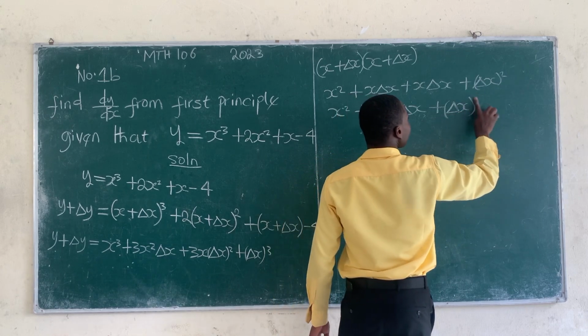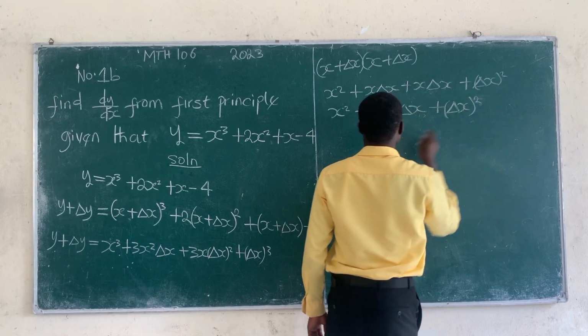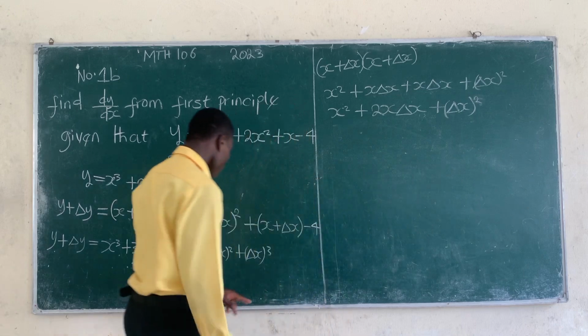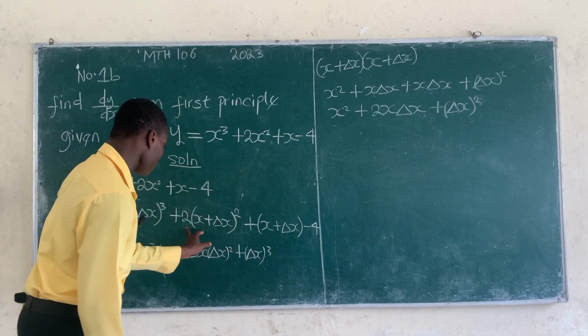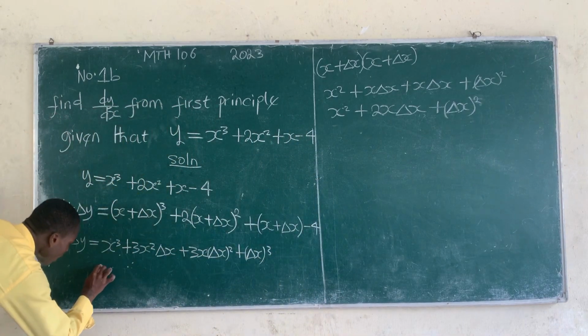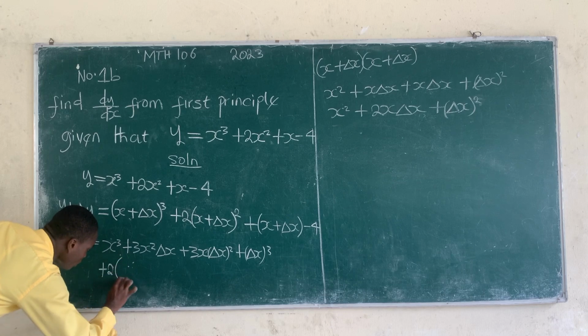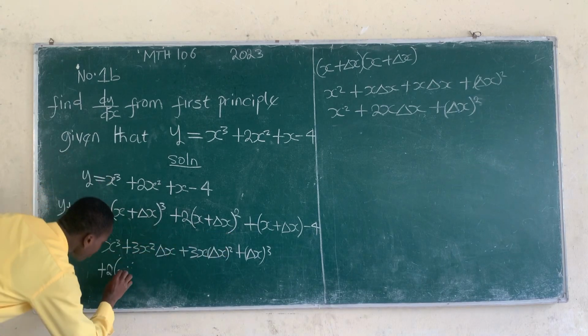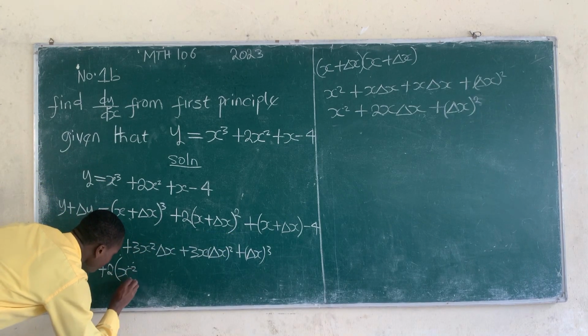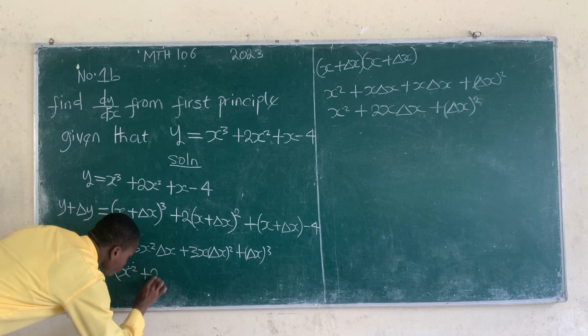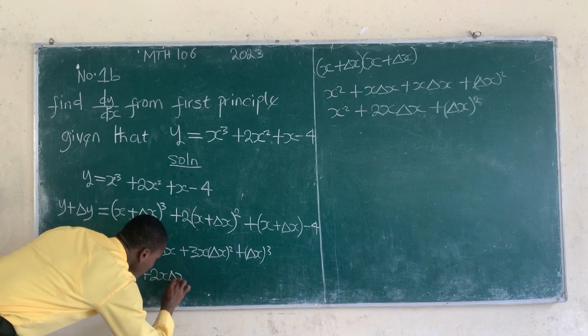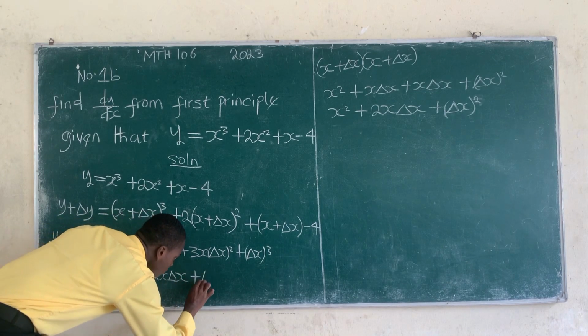So in place of x plus increase in x square, we are going to replace this. So let's replace that here, but this is 2 already. So we have plus 2 into the whole of this becomes x square plus 2x increase in x plus increase in x square.